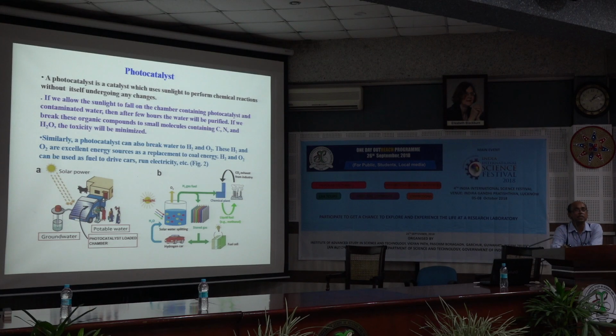What are photocatalysts? The best example of a photocatalyst, I think, is the chlorophyll in the plant. They use sunlight to catalyze a reaction so that water and carbon dioxide ultimately give glucose.